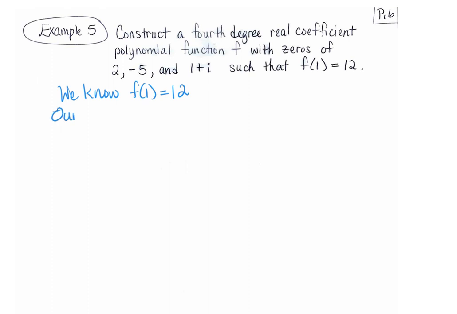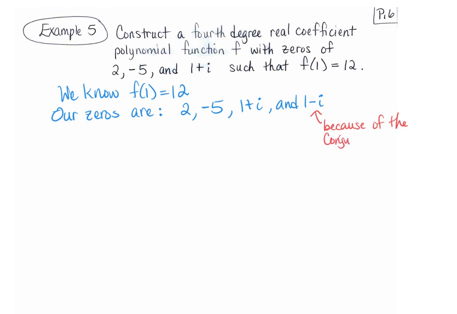Okay? So our zeros are 2, negative 5, 1 plus i, and 1 minus i, because of the conjugate roots theorem.